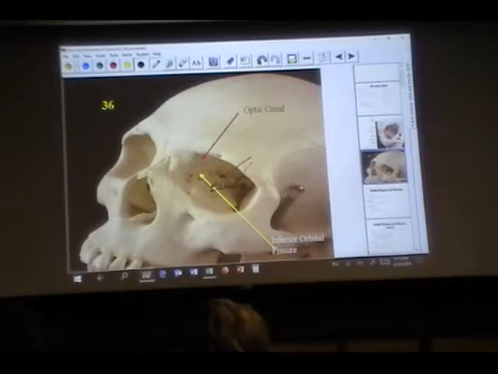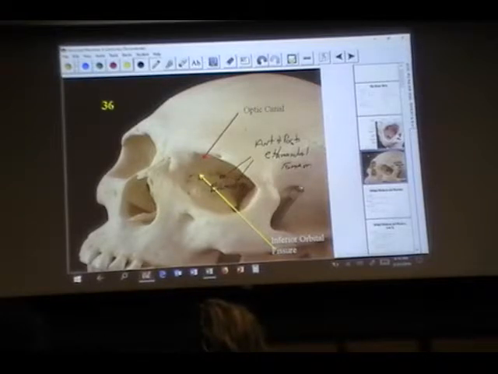And these are the anterior and posterior ethmoidal foramina. Okay. This little red pointer should be over here.